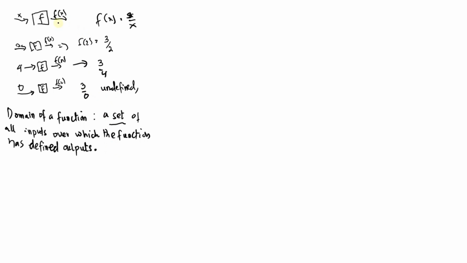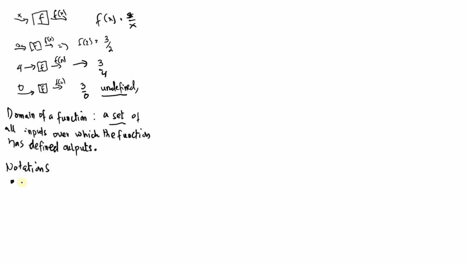So we can see that for this function, the value 0 does not have a defined output. Therefore, it should not be part of the domain of this function. Let's see how we write domain. Those are the notations. There are 2 types.